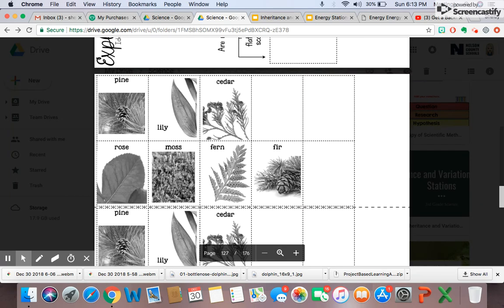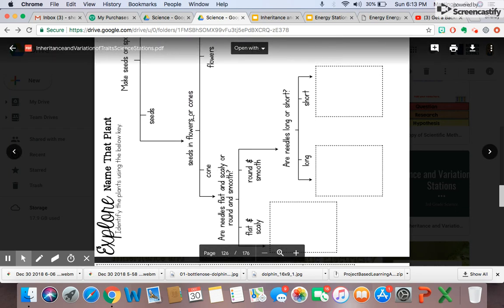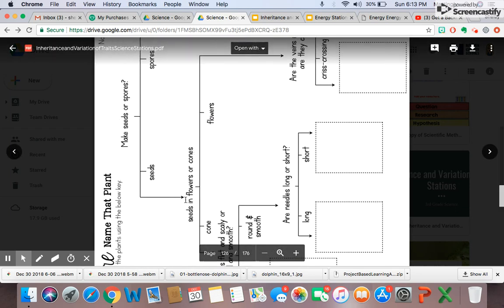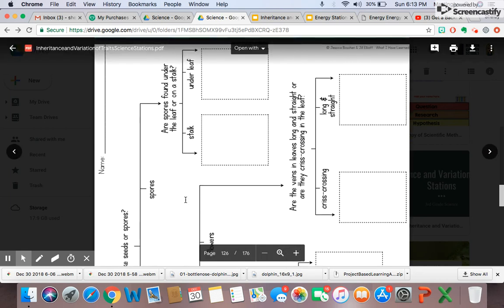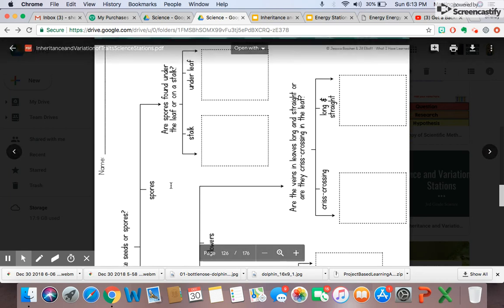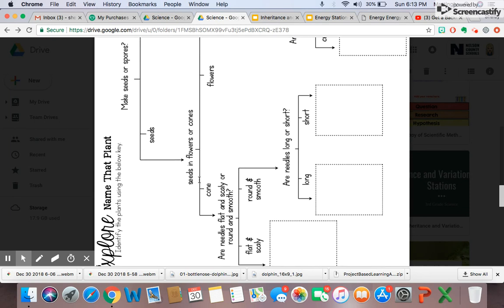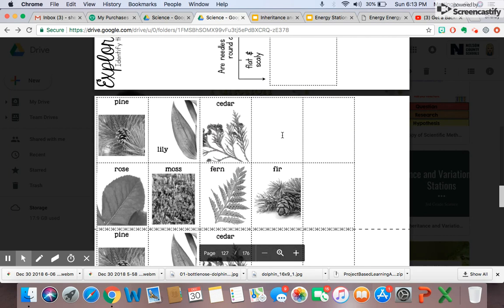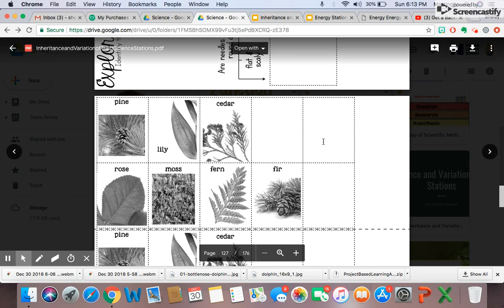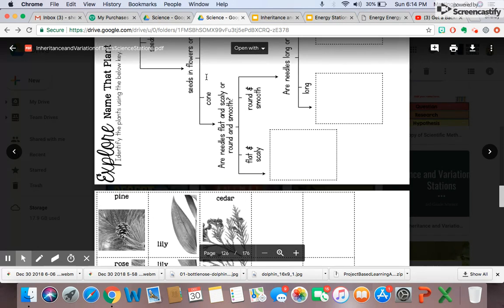So if the image makes seeds, you're going to go to the left, and if the image makes spores, you're going to go to the right. And then it's a flow chart, and it goes on and on to different levels and asks you different questions. If you don't know the answer simply by looking at the picture, make sure that you use your resources and Google the question, and it will help you out.